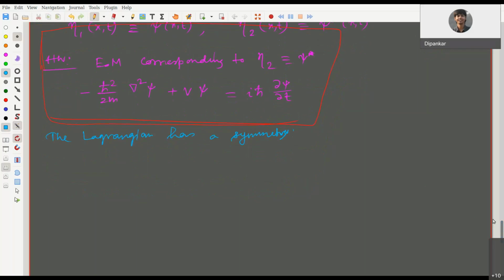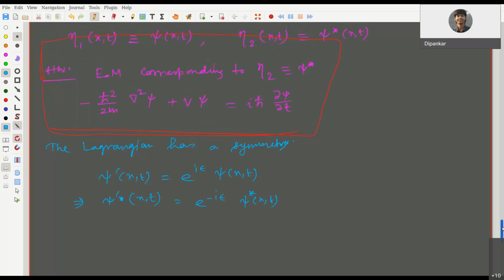Now the symmetry, if you notice, is that if you change psi to psi prime of x,t, which is just a phase, e to the power i epsilon psi of x,t, then obviously the complex conjugate psi star will change to e to the power minus i epsilon psi star of x,t.